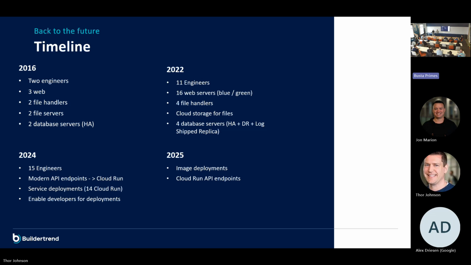We were running 16 virtual VMs in GCP. So classic deployments, pushing code out to them. We use Octopus Deploy on those virtual machines. We were running blue and green, so we actually had 2 sets, and we just use traffic routing with the load balancing in GCP to switch traffic between code bases.